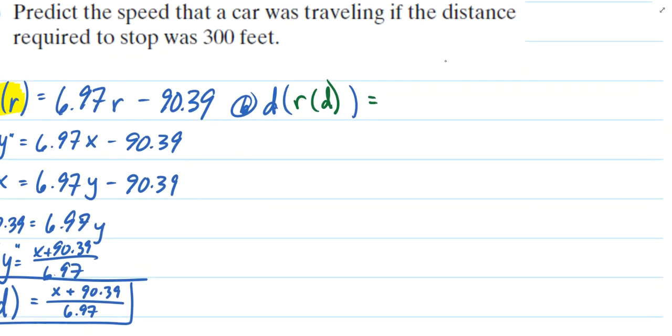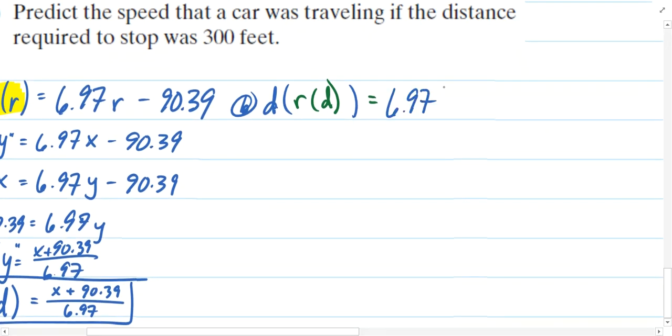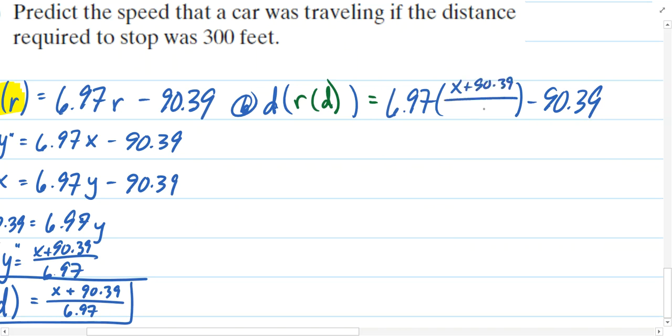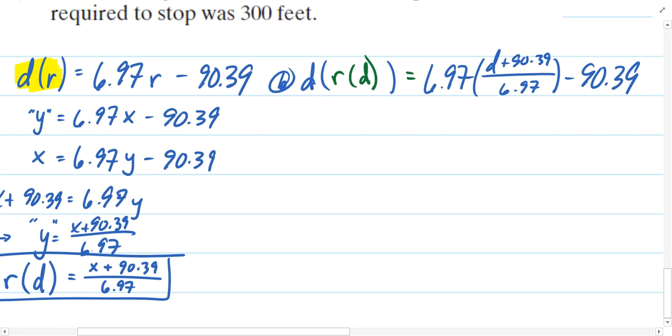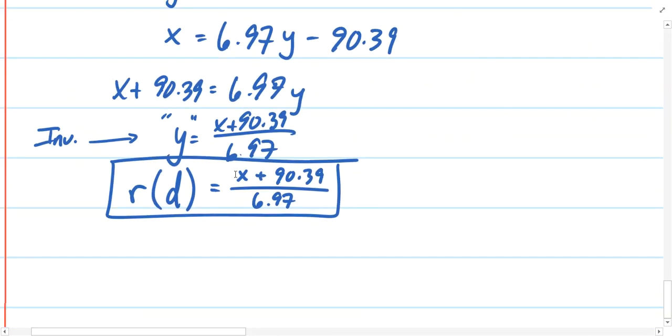So we've got 6.97 times something minus 90.39. The something happens to be x plus 90.39 divided by 6.97, and I just realized my variables did not agree, so I need to change this to a d, and this x had to be changed back to a d. I forgot to make that switch when we were done.